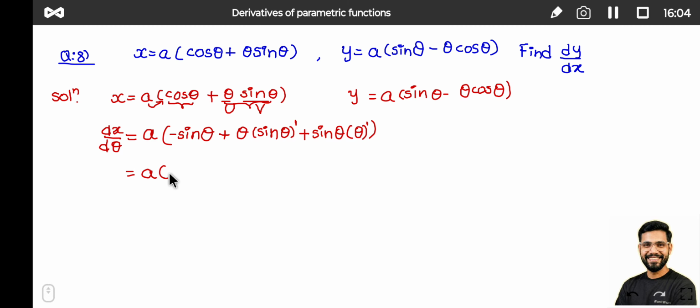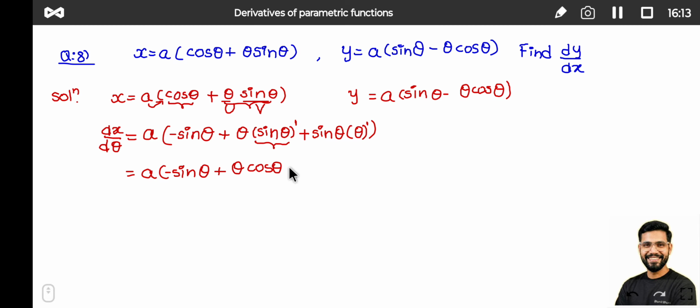So a as it is, minus sin theta plus theta as it is, derivative of sin theta which is cos theta, plus this sin theta as it is, and derivative of theta. So we are doing derivative with respect to theta, so derivative of theta is 1.